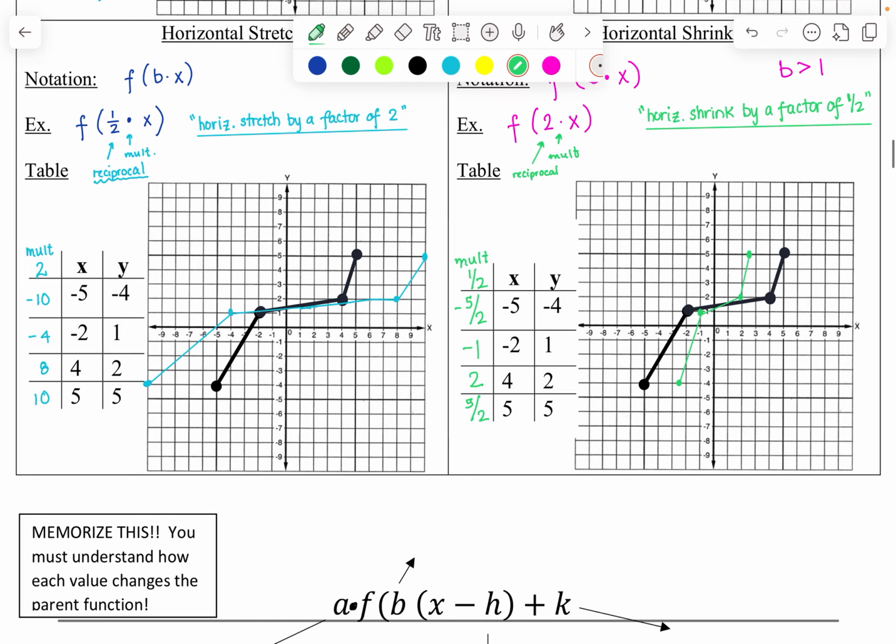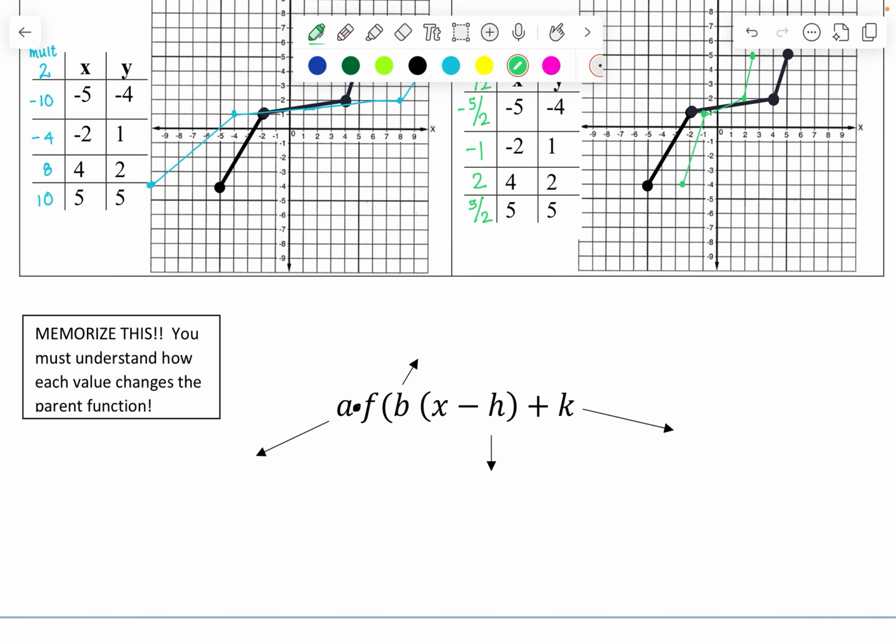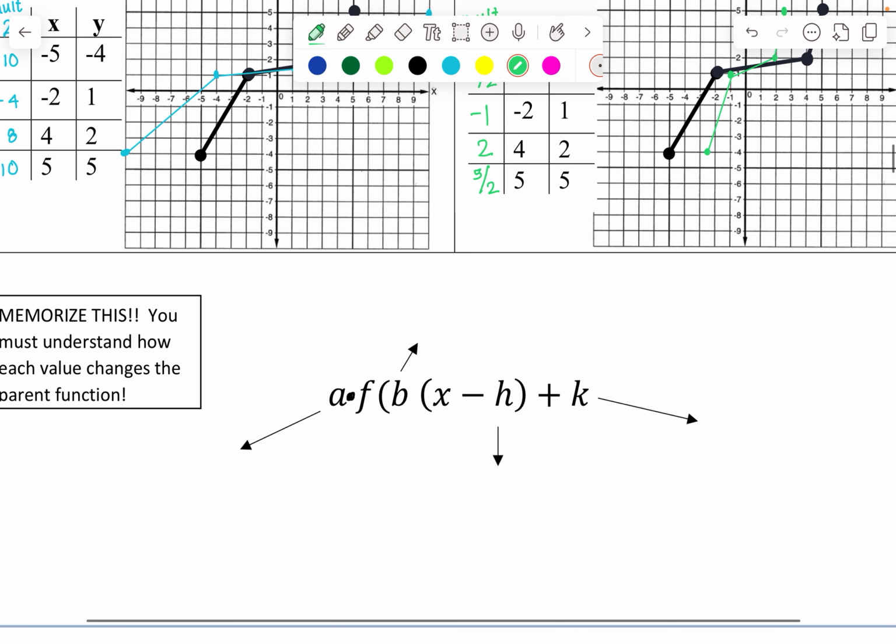All right, folks, let's go ahead and make sure you memorize this. This is what you must understand and know for your transformations. I'm going to choose a different color here. Let's choose blue.